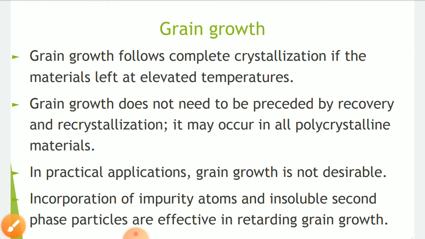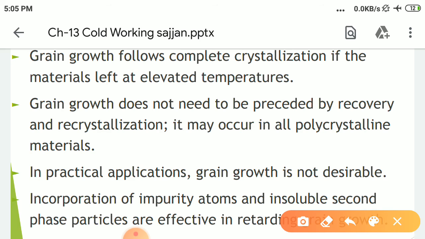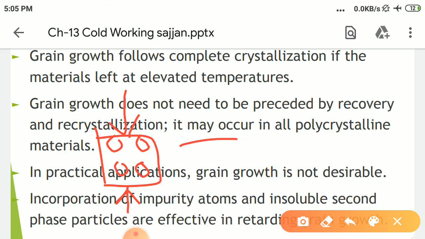Let me explain here. Suppose initially grains are in this form. Now if you hammer this one, that means if you do the forming on this one, then grains will be in this form.